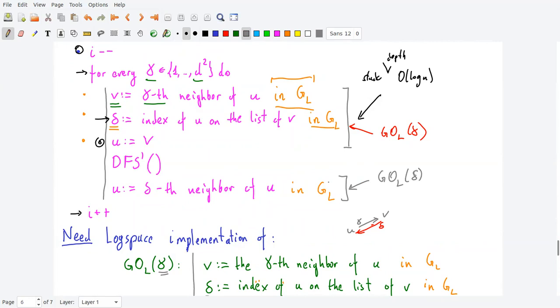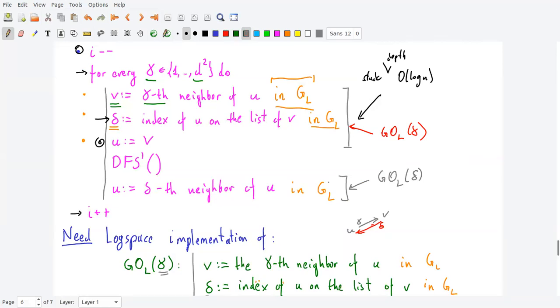Once I am in V, in order to restore U, to go back to U, I only need to follow this return index delta. Then this go L delta will actually return gamma, but it's not needed now.